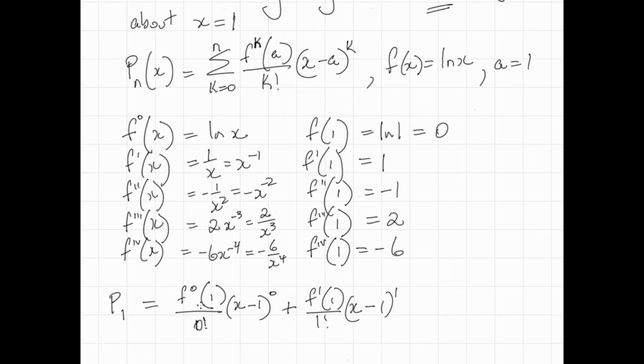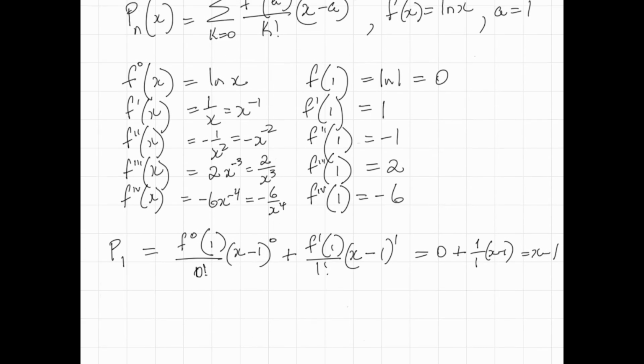So that's 1, 1, and this is equal to 0, so this whole term becomes 0, plus the first derivative with 1, which is just 1 over 1 times (x minus 1). So that's just equal to x minus 1. That's the first approximation, or the first order polynomial, Taylor's approximation for the function ln x.